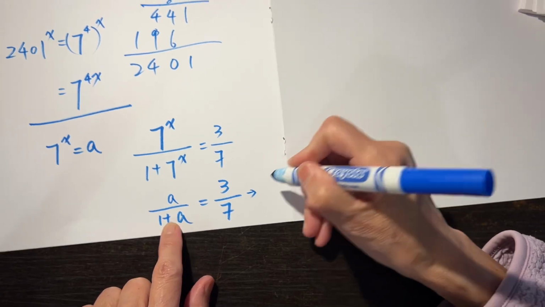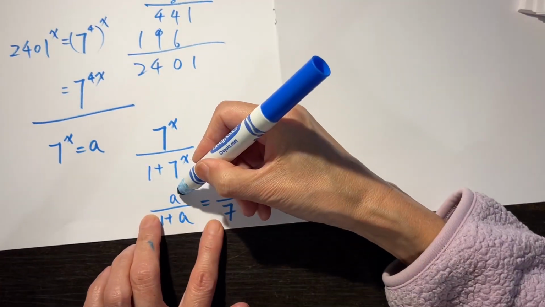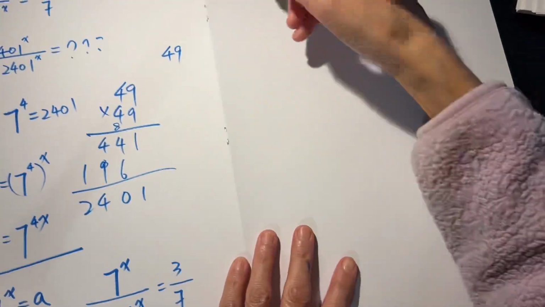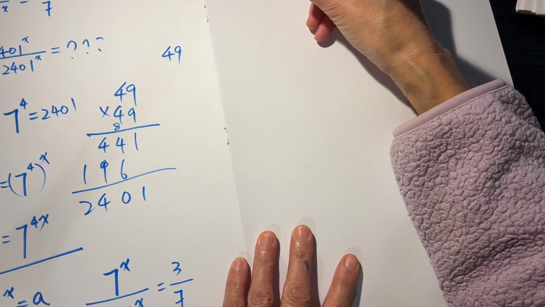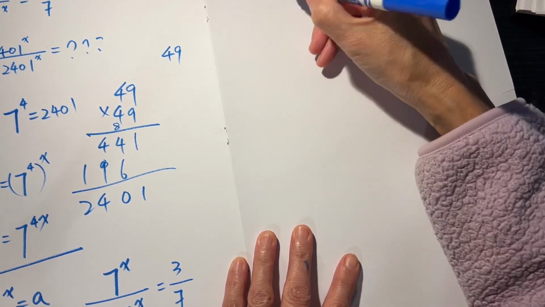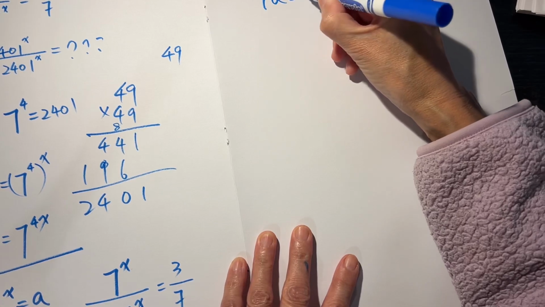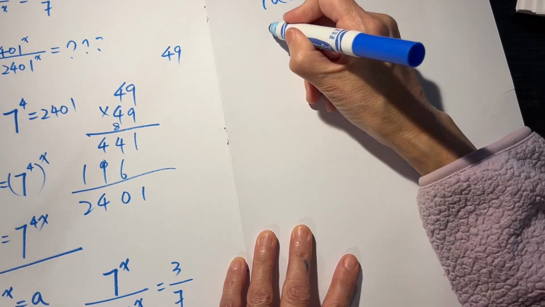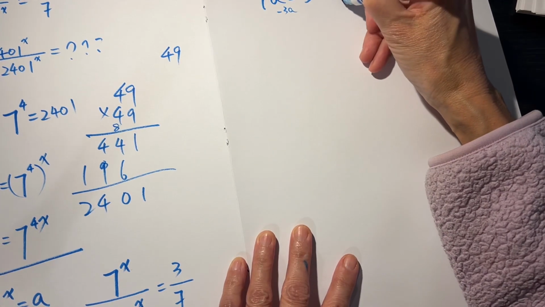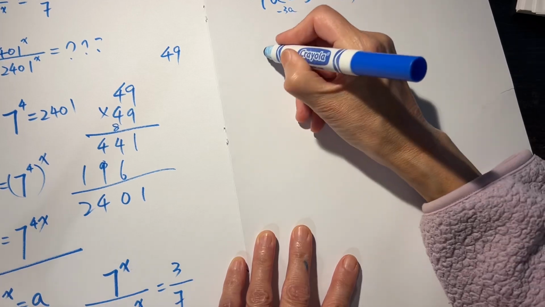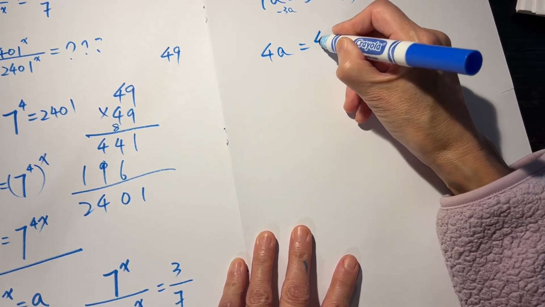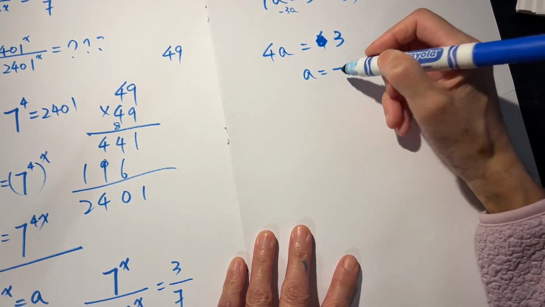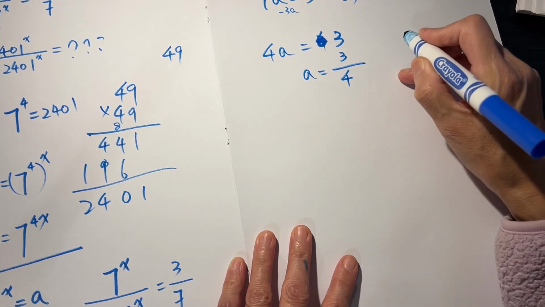Now we can cross multiply: 7a equals 3 plus 3a. So minus 3a from both sides, 4a equals 3, so a equals 3 over 4.